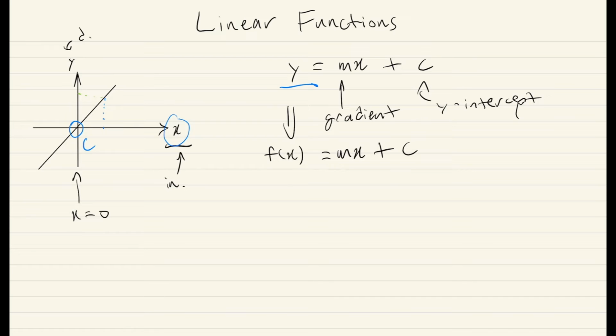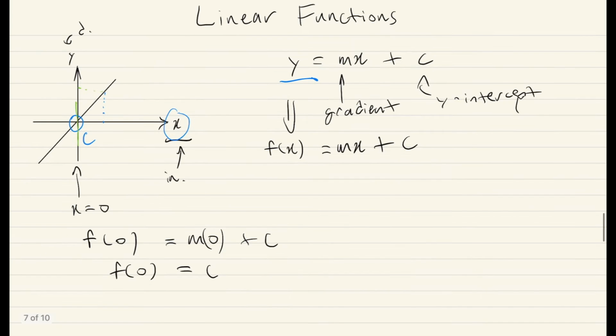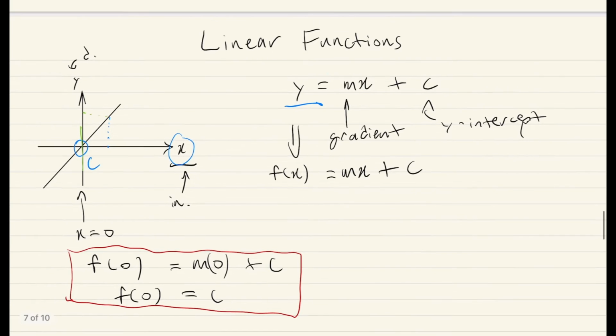You see that it's along this line. So to find c, you will just have to input x equals 0, so this is 0 plus c, and you will get c. So that's one thing to remember: input x equals 0 and you will find c.